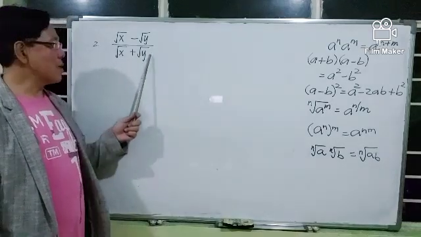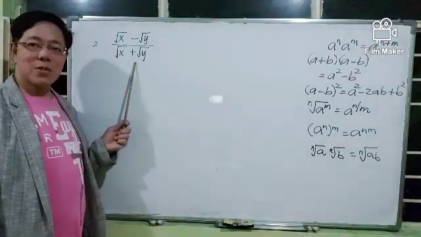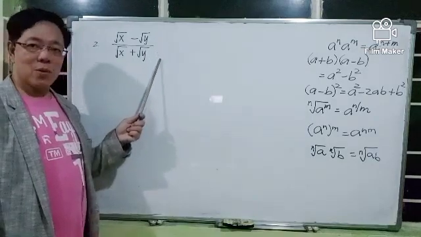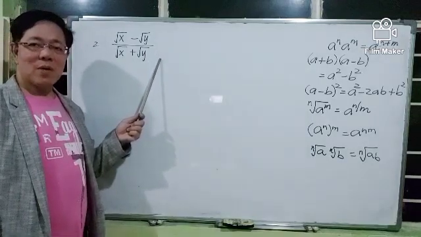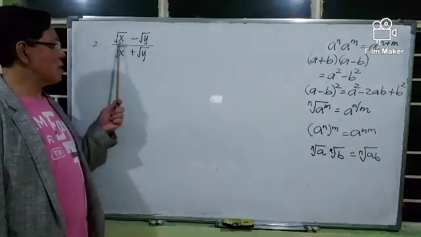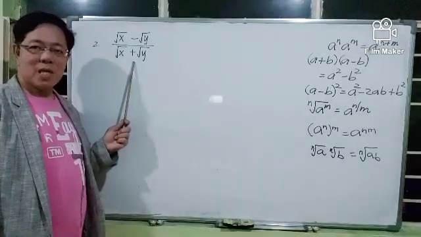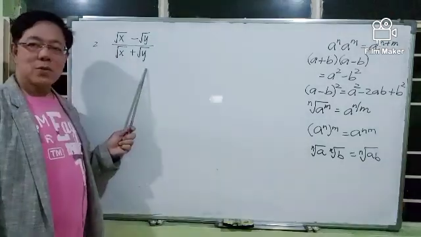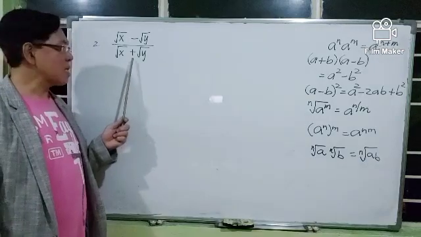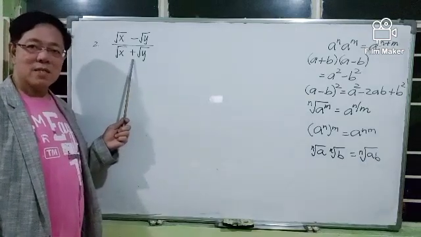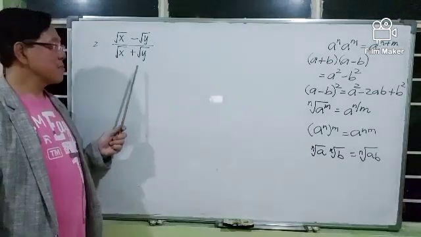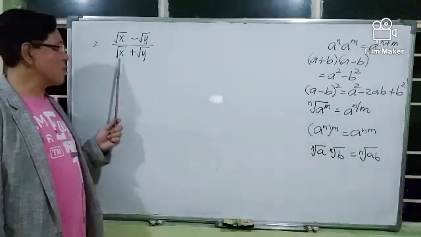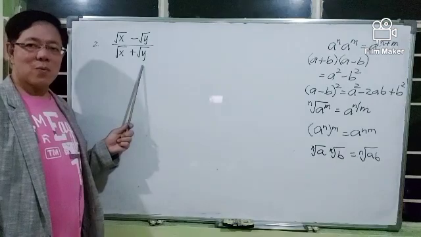In the first example, we rationalized the denominator, and we did that by multiplying the numerator and the denominator of the given rational expression by the conjugate of the denominator. And we said that the conjugate of two terms is obtained by simply taking the opposite sign between the two terms. Hence, the conjugate of square root of x plus square root of y is square root of x minus square root of y.